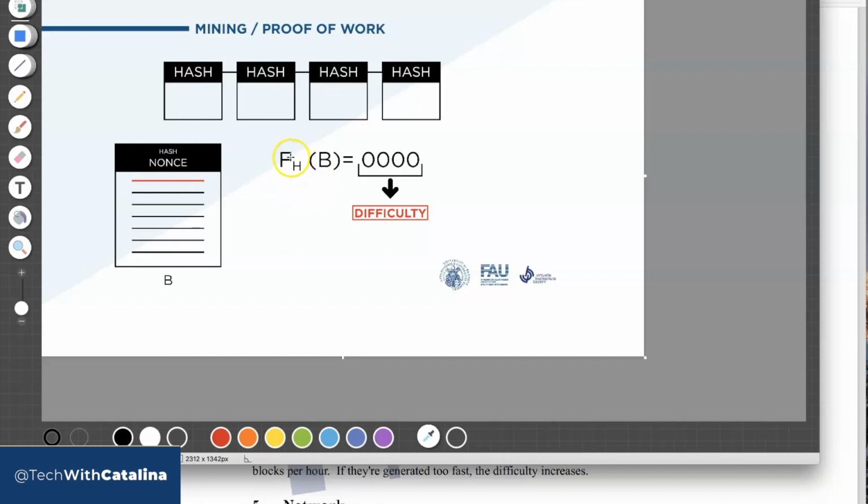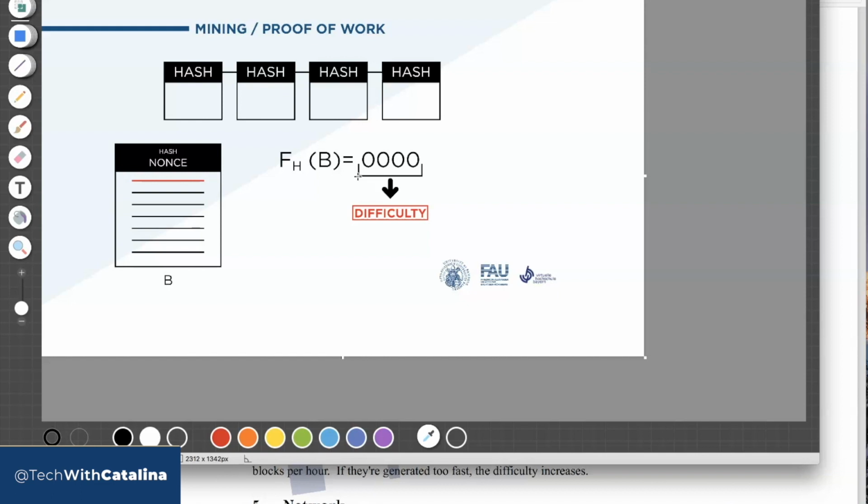And that is the nonce. The more zeros we have here at the beginning, the more difficult it is in the system to mine. These zeros at the beginning of the hash of the block represent the difficulty in the system to mine.